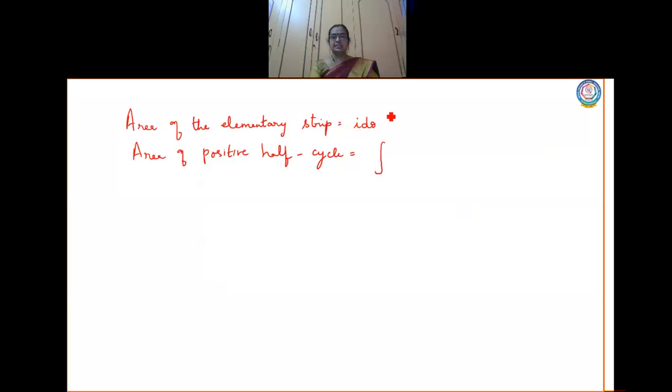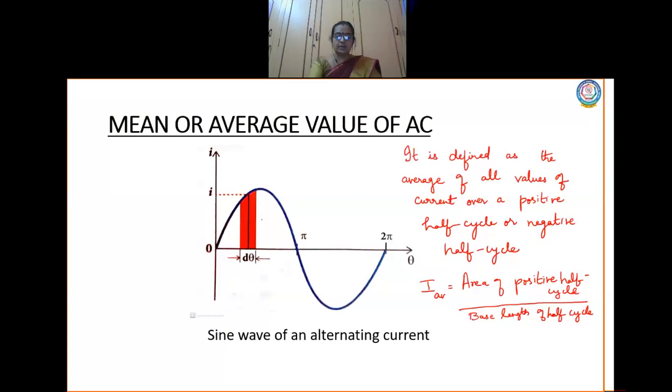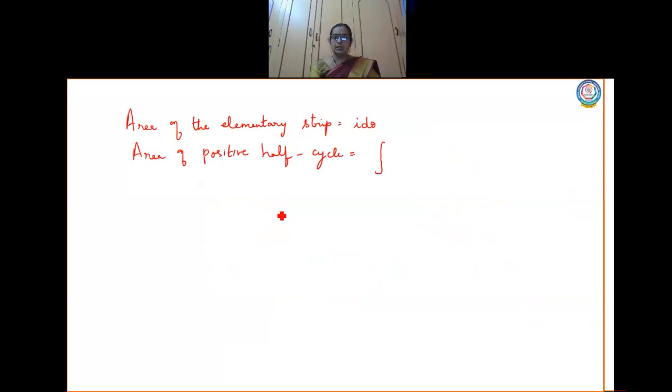So I'm going to integrate with limits. What limit am I going to give? The limit is the base length, because initially it is 0 and finally it is pi. So the lower limit is 0, the upper limit is pi, integrate I d theta.